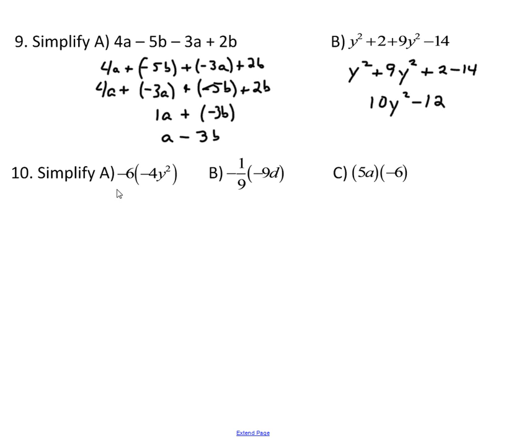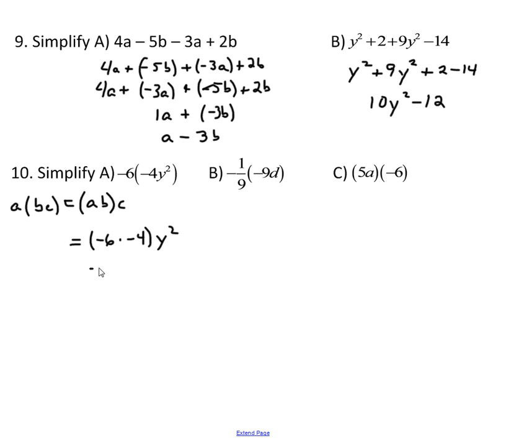We hadn't really quite done that, but we have our associative property of multiplication, which says when you take negative 6 times negative 4y squared, that's negative 6 times negative 4 times y squared. If you remember our rule that a times b times c is the same thing as a times b times c, we can use our associative property of multiplication to justify the fact that we're going to take negative 6 and multiply it by negative 4, and that result would be multiplied by y squared.